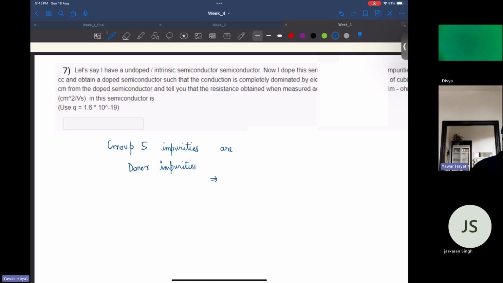So this implies that your ND is equal to 10 to the power 20 per centimeter cube.